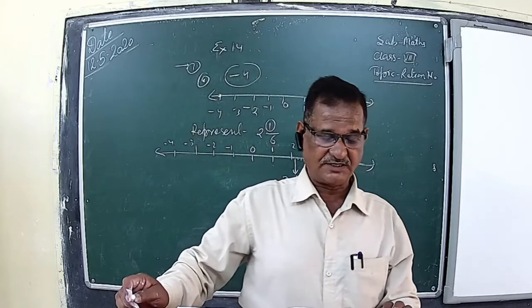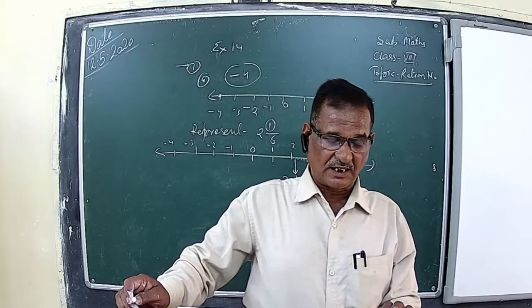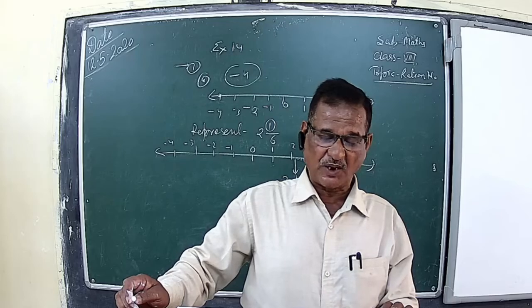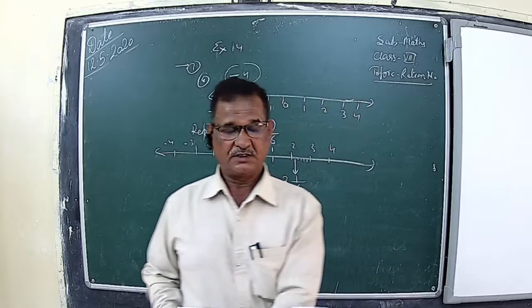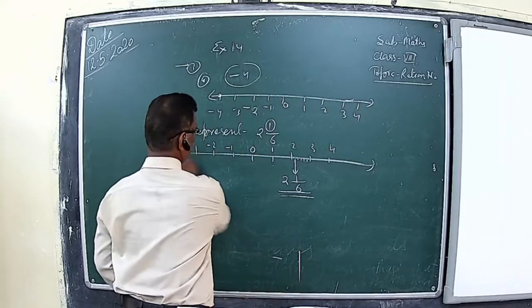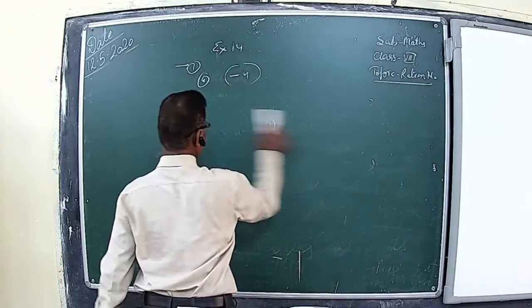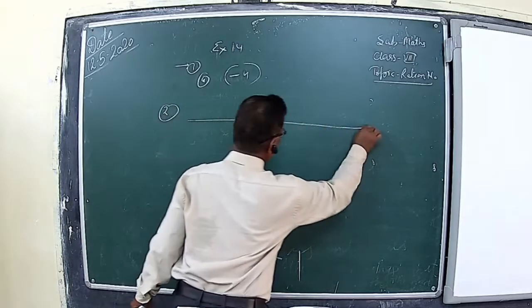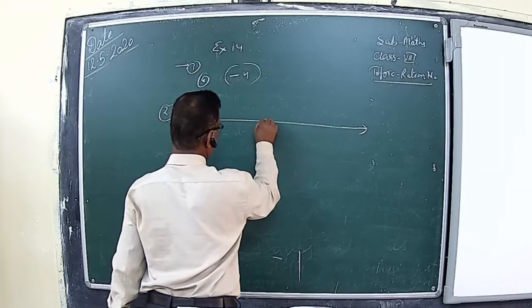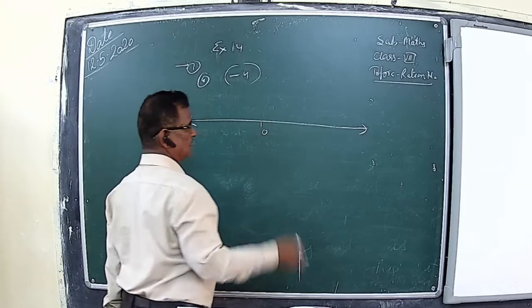Second question given, boys: write the number represented by the point marked on each of the following number lines. This is the number line. The middle point indicates 0.